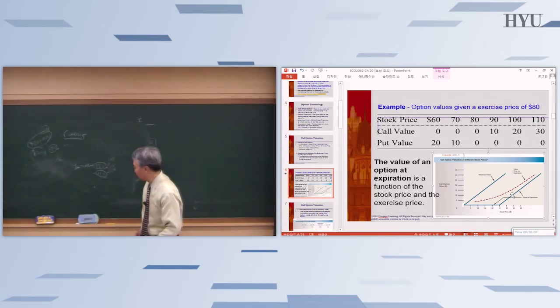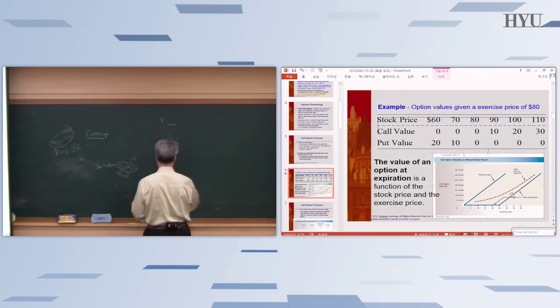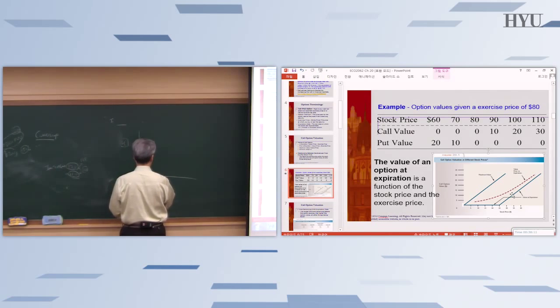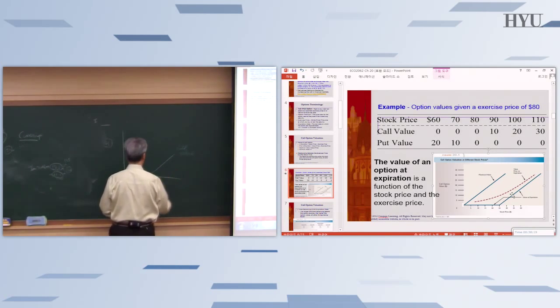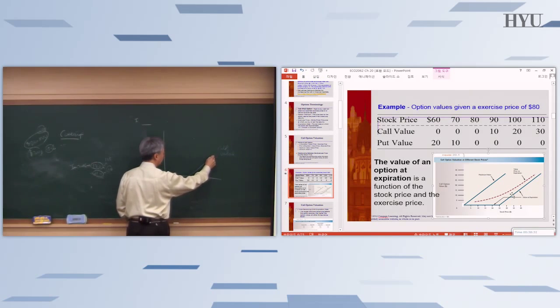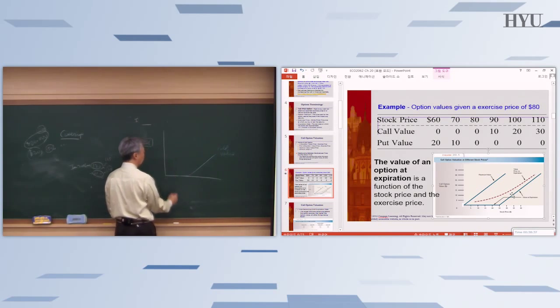So actually, if you have this call value line, let's say one day before expiration, it's going to be almost the same as this blue line.